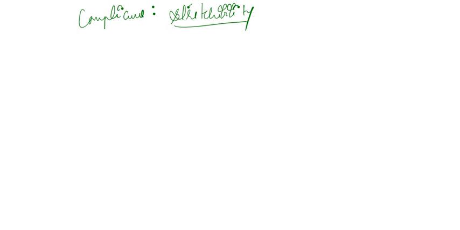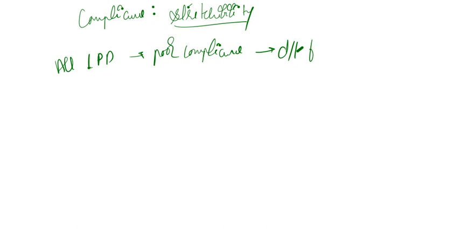But remember, all lung parenchymal diseases show poor compliance or poor stretchability. Can you tell me why? Because of fibrosis, inflammation, infiltration, etc., which is called restrictive lung disease.